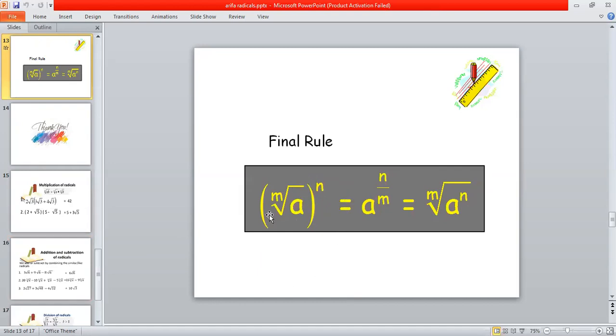Now we explain again. When you convert this radical form into exponential form, the power should be in fraction form, and after converting, the index of the radical will be in the denominator, and the power n will be in the numerator.